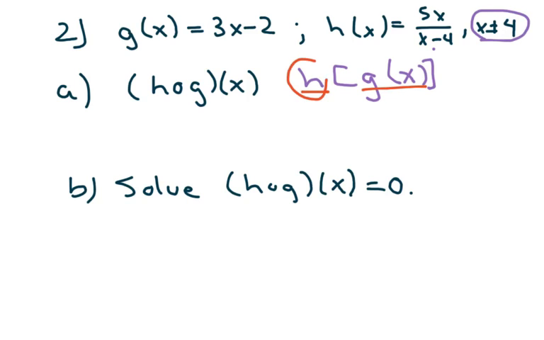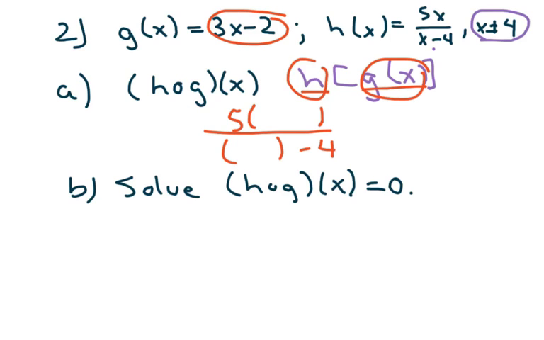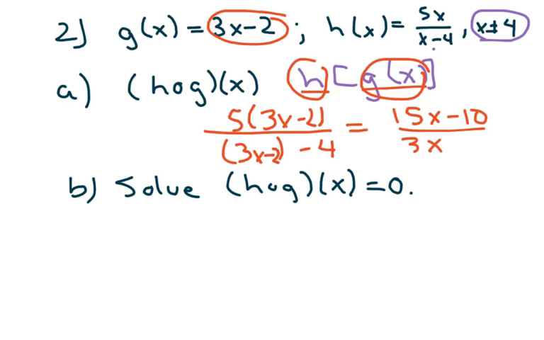So the function I'm going to write down is h. I'm going to write 5, and everywhere there's an x, I put parentheses. And I'm going to dump in g of x, which happens to be here, 3x minus 2. I simplify this, I get 15x minus 10 over 3x minus 6.